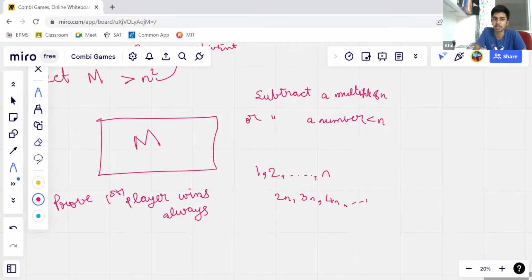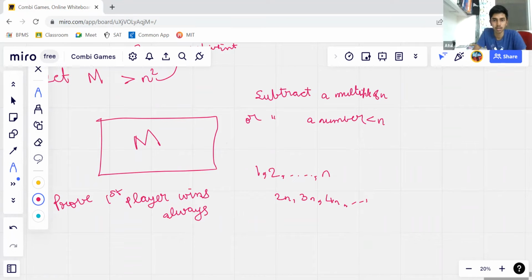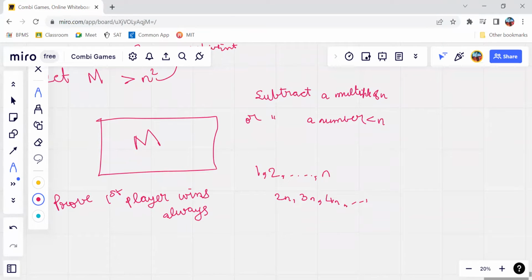But the first player starts. So the first player just subtracts any number, meaning any number from 1 to n or 2n, 3n, 4n till n squared. Then we get a number k, and then the second player subtracts another number such that k is greater than some m squared.